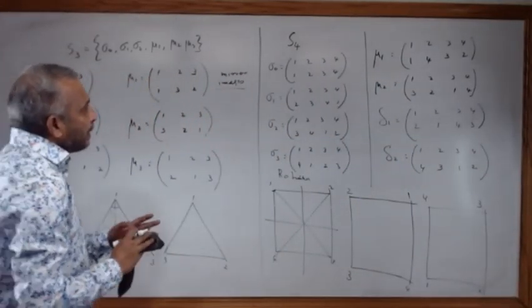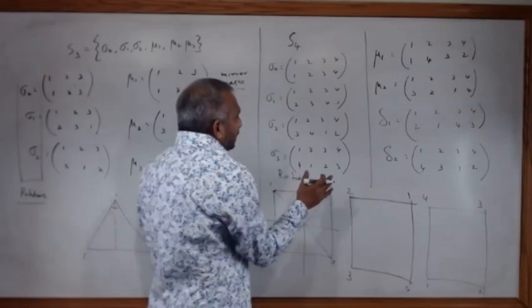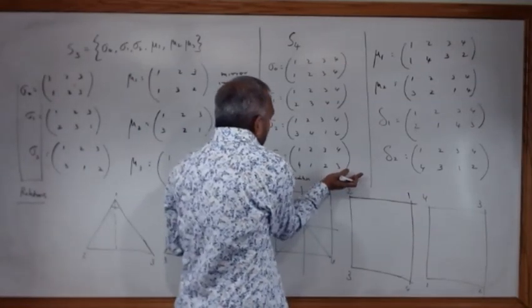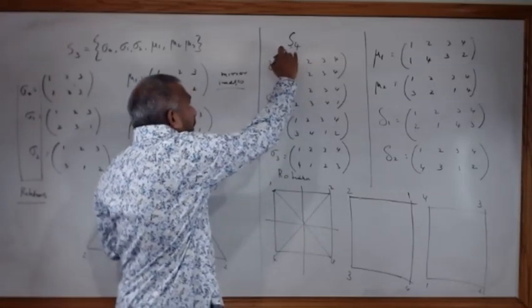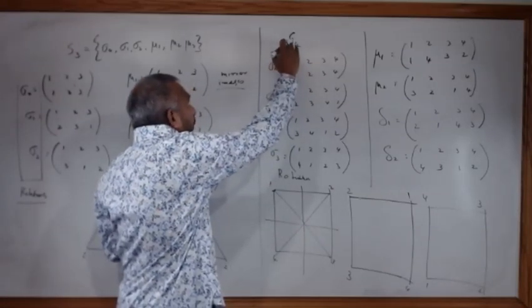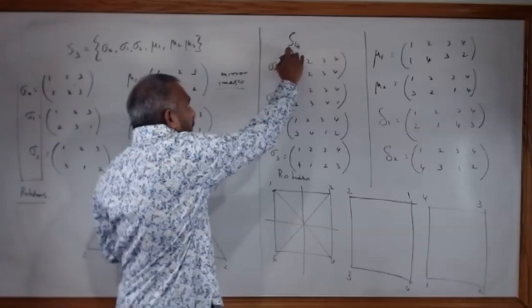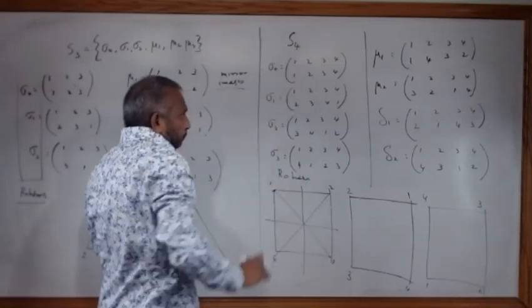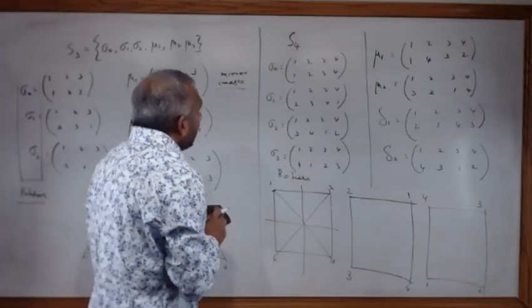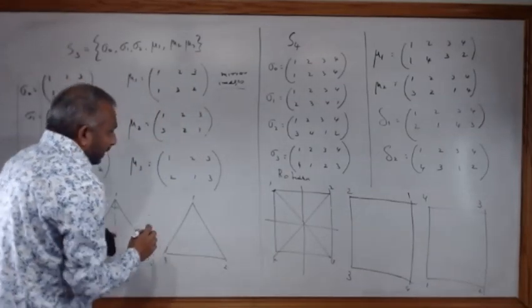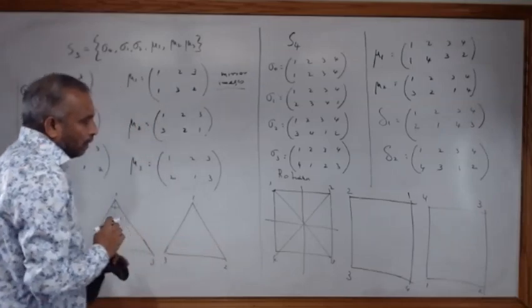So these are symmetric permutations within this group of permutations, the symmetric group. These are called the dihedral subgroup.